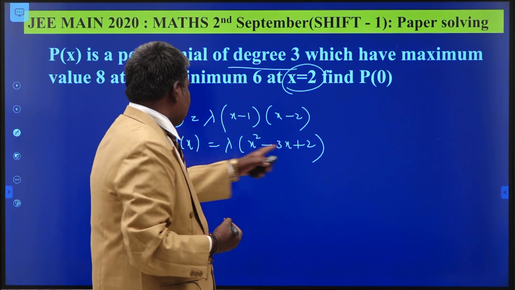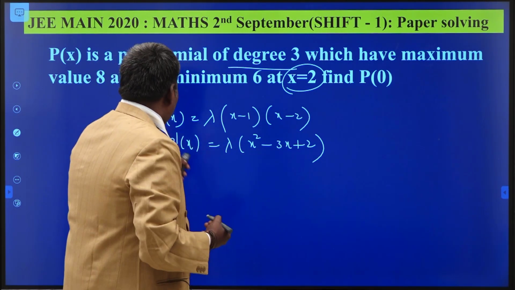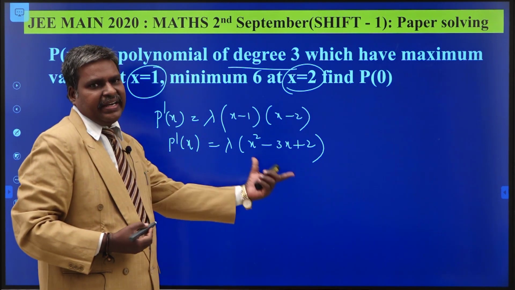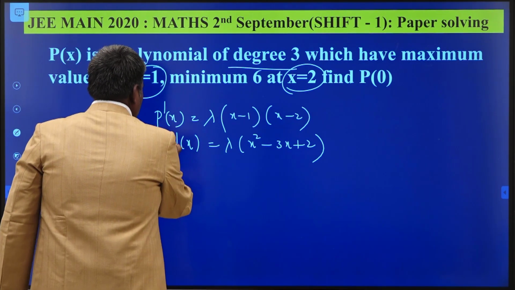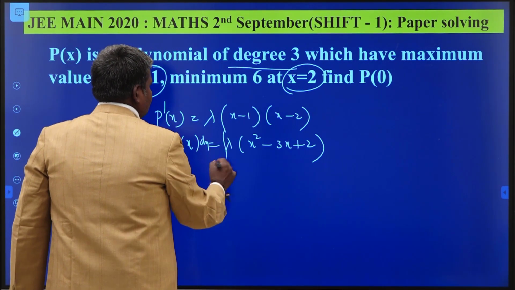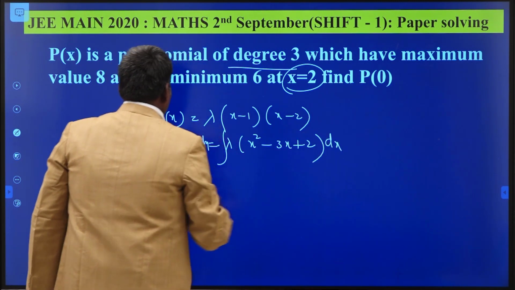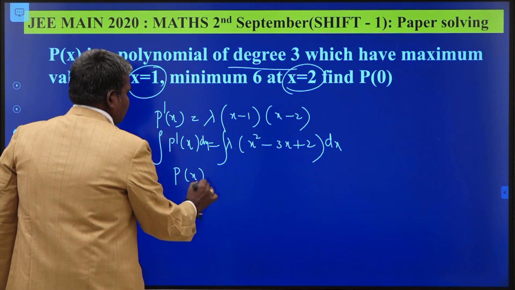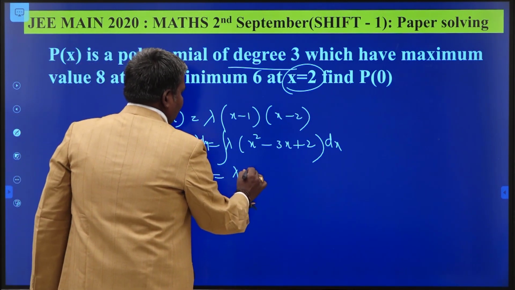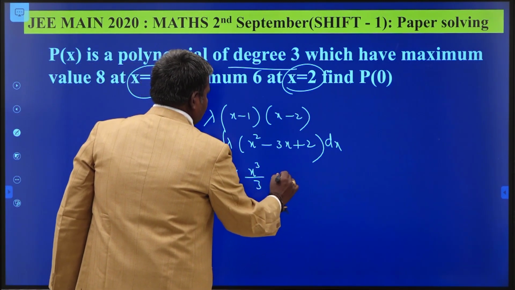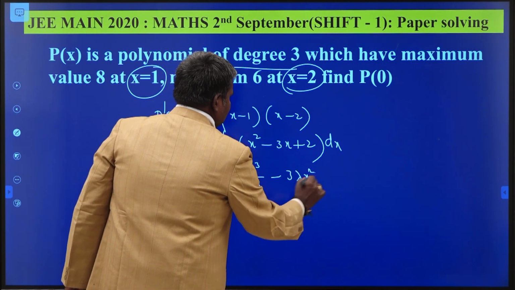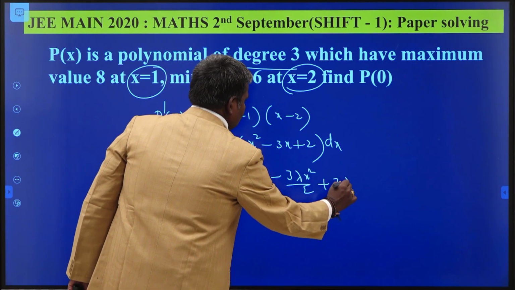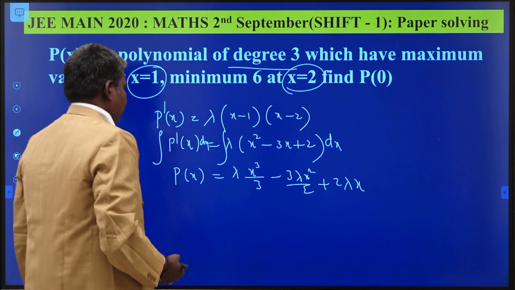From this P dash x, can I find the polynomial P of x or not? Taking integration on both sides, what do you obtain? The integral of P dash x dx is nothing but P of x, that is equal to lambda times of x cube by 3 minus 3 lambda x square by 2 plus 2 lambda x.